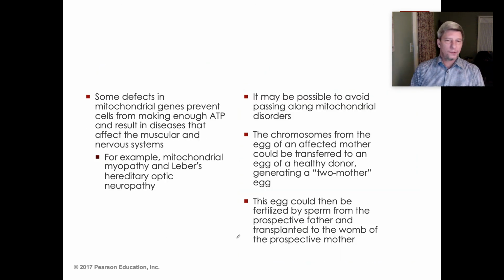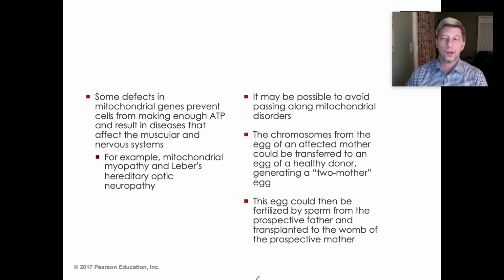Now, just as a general summary, some defects in mitochondrial genes can keep the cells from making enough ATP. Because remember, the mitochondria is the powerhouse of the cell. And so that can cause diseases that affect your muscles and your nerves. But it may be possible to avoid passing on mitochondrial disorders from mom to offspring if you remove the nucleus of a mother's egg and place it in another woman's egg with healthy mitochondria.